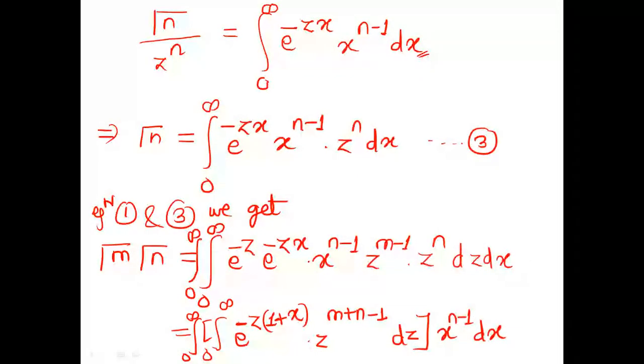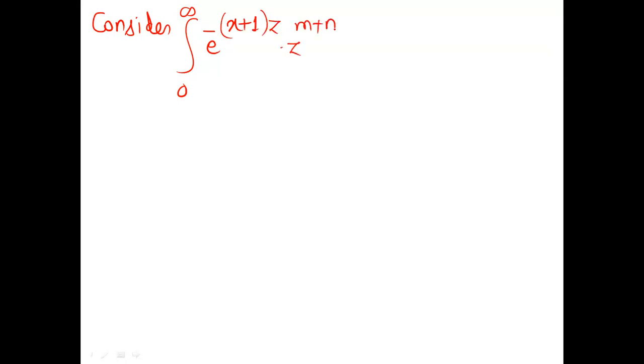Now let's consider this inner integral, simplify it and see what further can be done. So consider integral 0 to infinity of e to the power minus of x plus 1 z into z raised to power m plus n minus 1 dz.